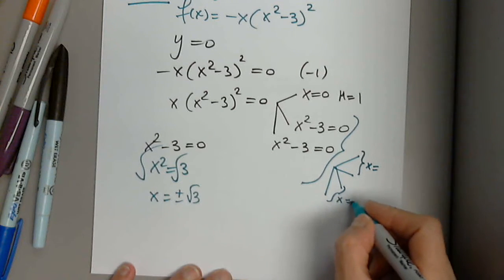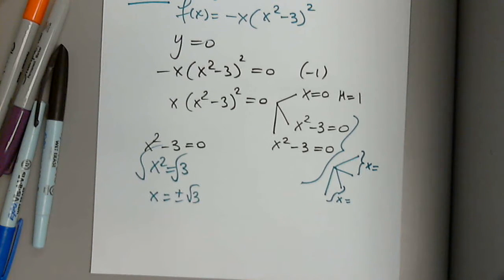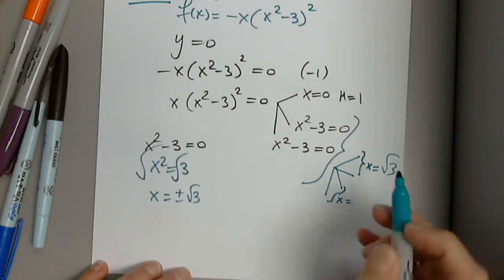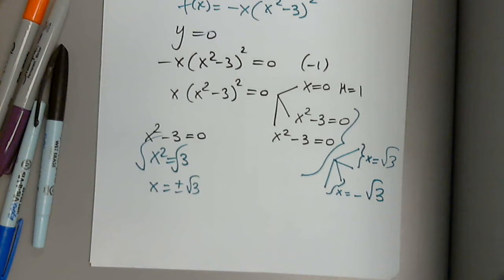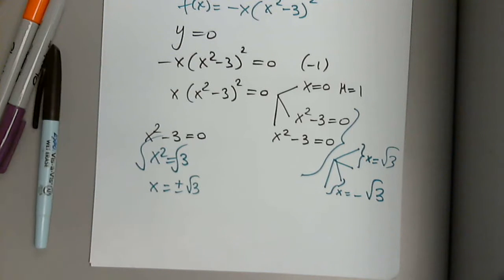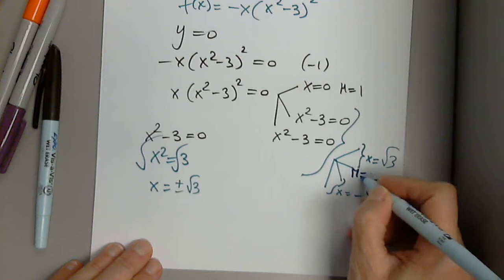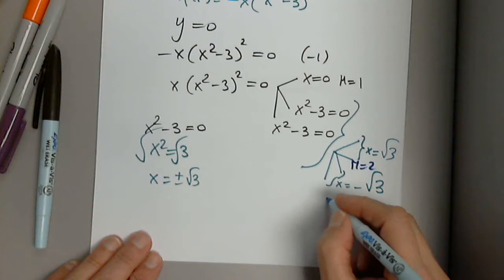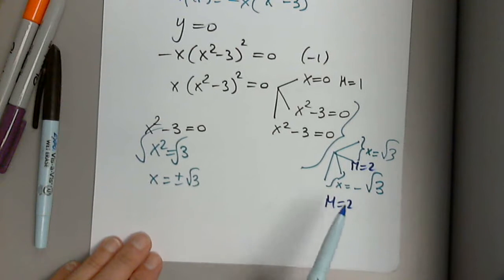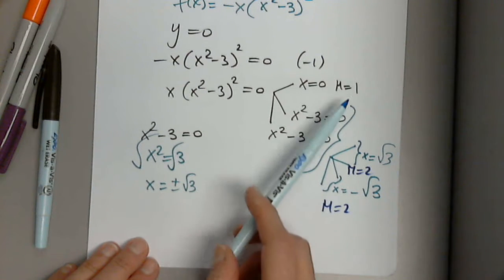X equals the square root of 3, and x equals the negative square root of 3. What is the multiplicity for the square root of 3? Very good. What is the multiplicity for negative the square root of 3? 2. Do I get 5 multiplicities? 2, 2, and 1? Yeah.